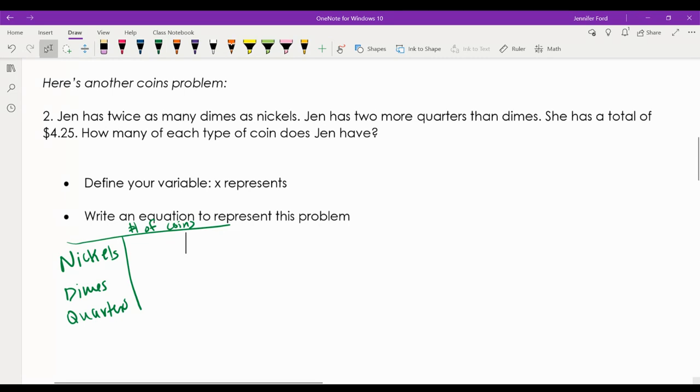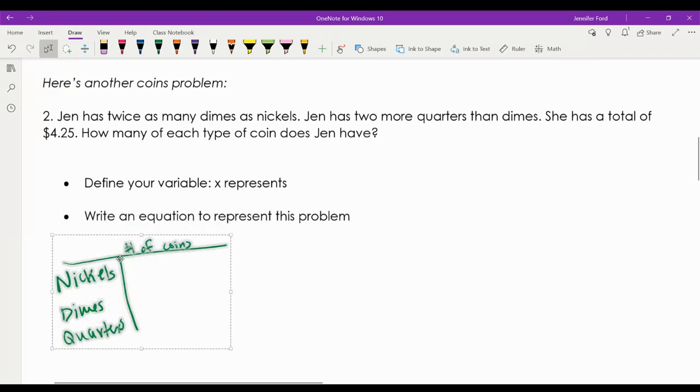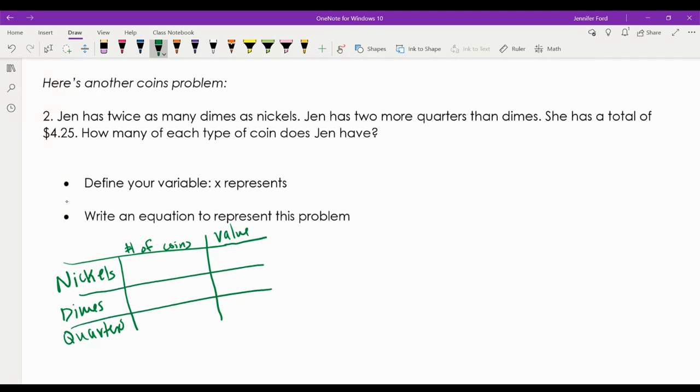And I don't have a space. I'll move this whole thing down just a smidge. Perfect. Number of coins and then value. Okay, twice. Okay, so go ahead, copy this down, fill it out.